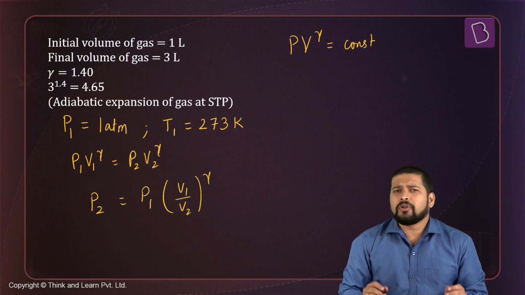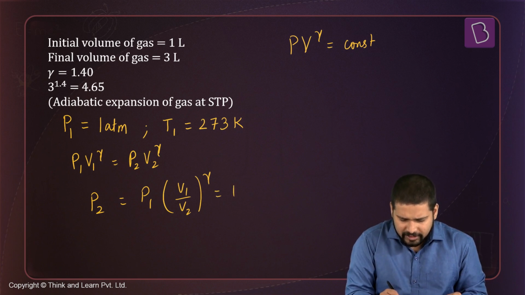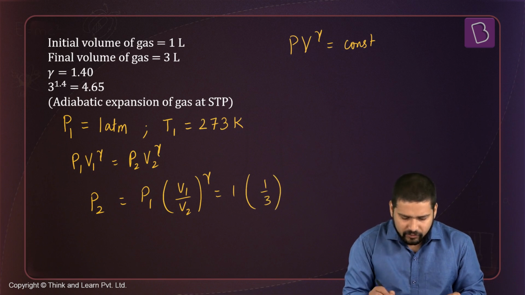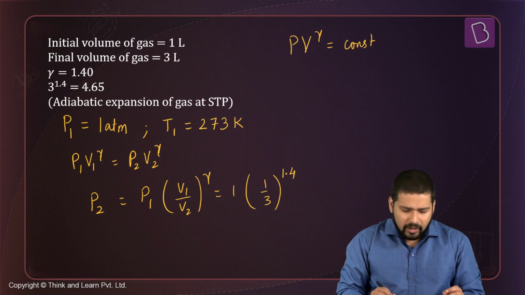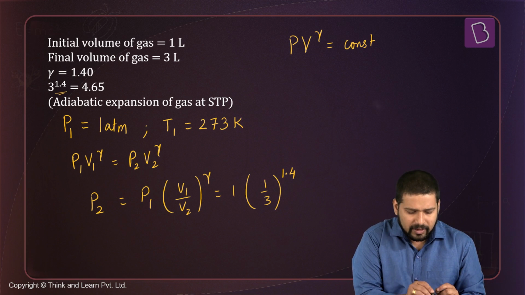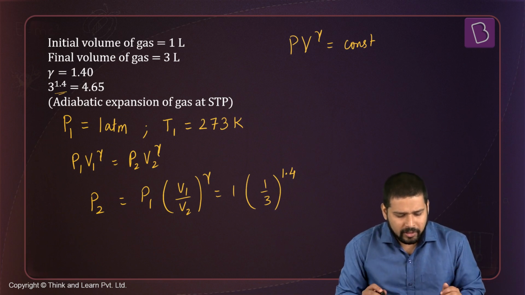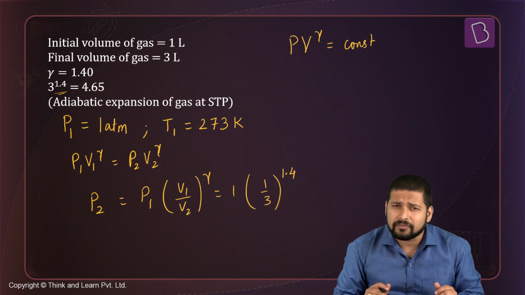We know the value of P1 is equal to 1 atmospheric pressure, so let me just plug it as 1, and V1 by V2 will be 1 by 3, and this will be raised to the power of 1 by 1.4 because that's the value of gamma. Now you have been provided with this value of 3 to the power of 1 by 4 is supposed to be taken equal to 4.65, and there is a specific reason for that.